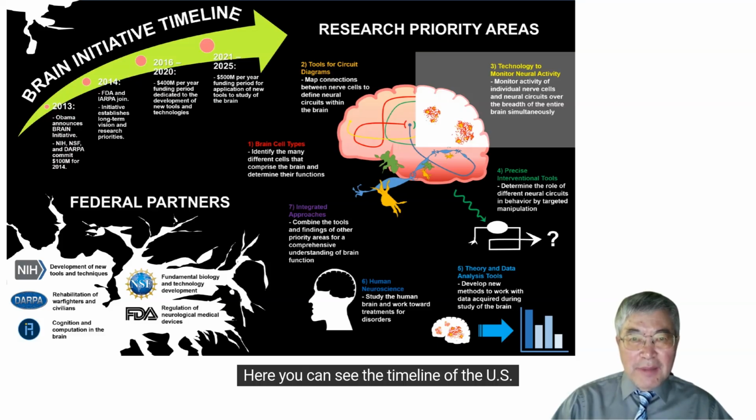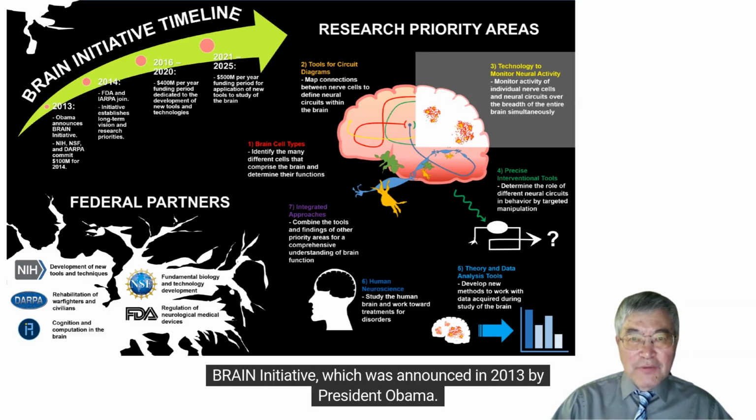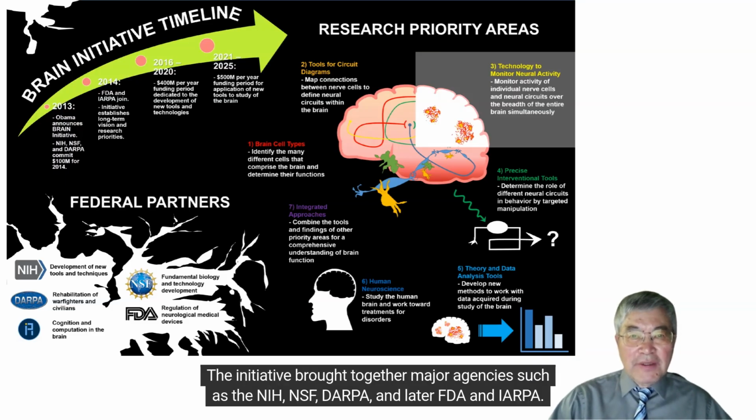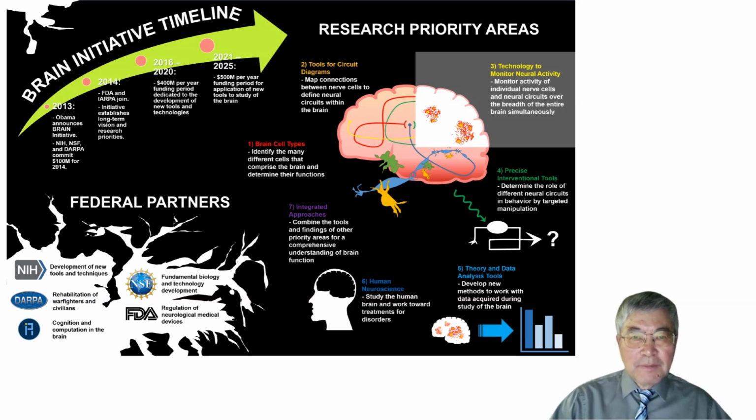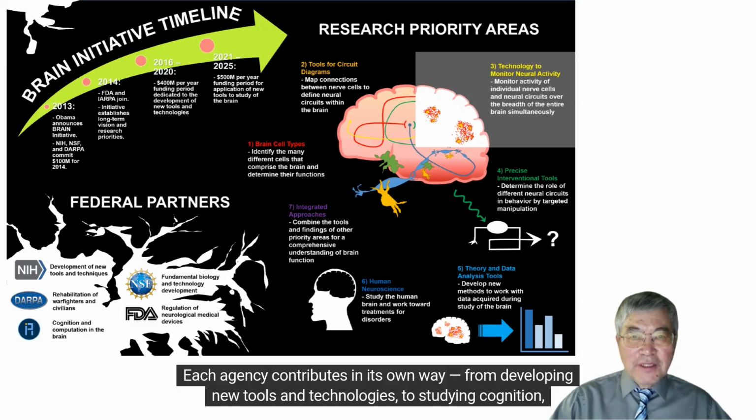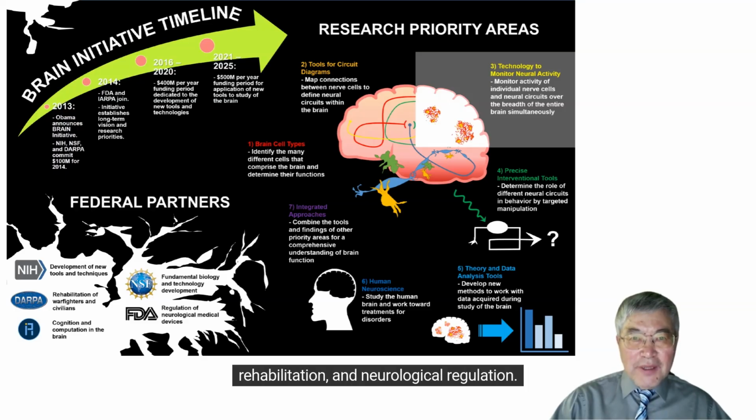Here you can see the timeline of the US Brain Initiative, which was announced in 2013 by President Obama. The initiative brought together major agencies such as the NIH, NSF, DARPA, and later FDA and IARPA. Each agency contributes in its own way, from developing new tools and technologies to studying cognition, rehabilitation, and neurological regulation.